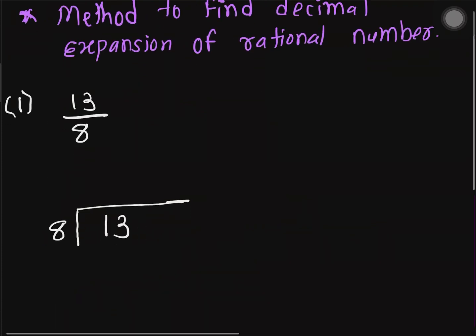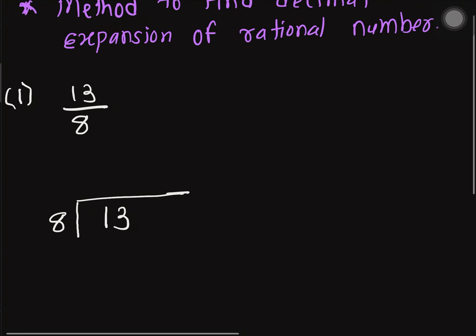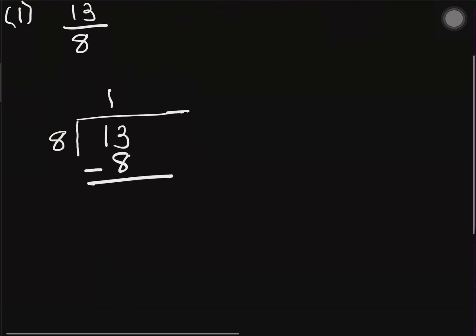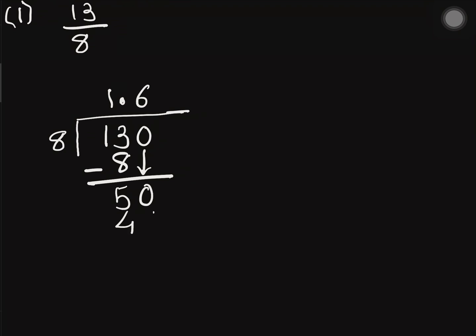Now, the method to find decimal expansions of rational numbers. 13 divided by 8. So 8 ones are 8. 13 minus 8 is 5. Put 0, so point. Then 8 sixes are 48. 50 minus 48 is 2.